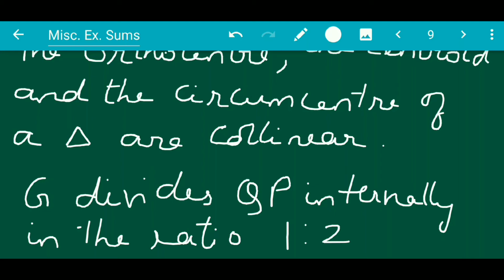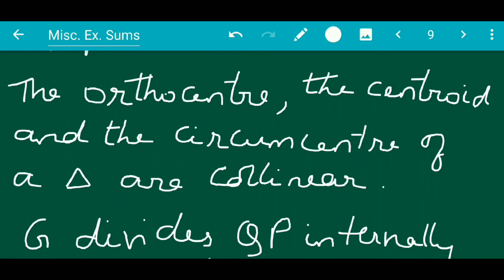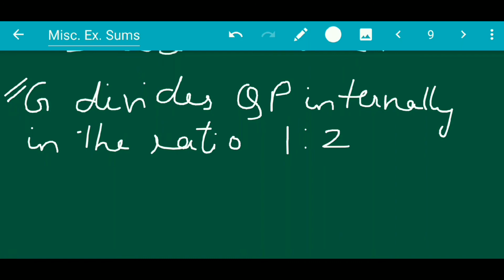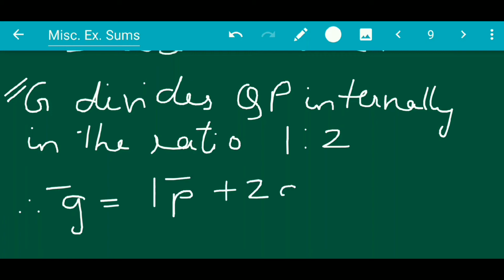Okay, so these are two properties of the orthocenter, centroid and circumcenter. First of all, they are collinear, and secondly, the centroid divides the line joining the orthocenter and the circumcenter internally in the ratio 1:2. So therefore, with respect to the centroid, we can write that G bar is equal to 1 P bar plus 2 Q bar upon 1 plus 2.